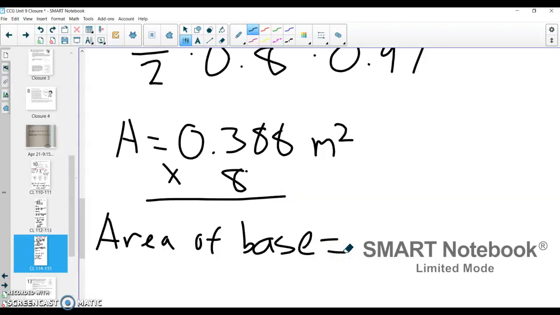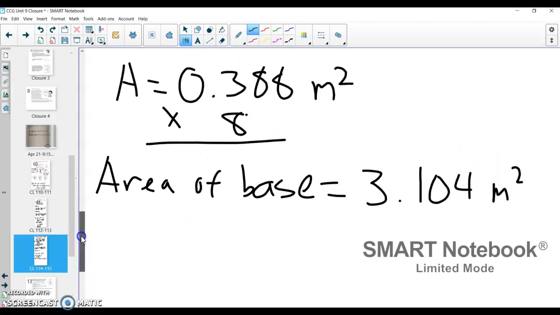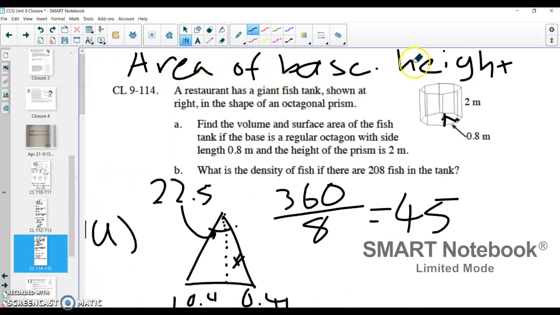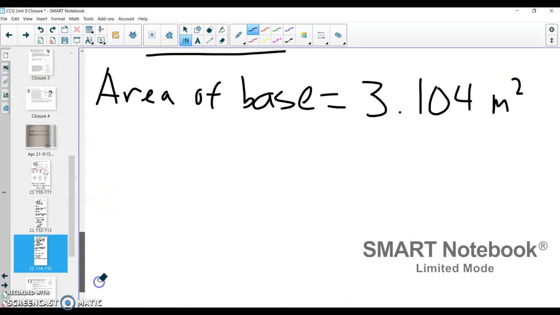So I have 0.388 multiplied by 8, that gives me 3.104 meters squared. And then the last thing I need to do, following my formula that I started with, which is area of the base multiplied by the height, I just need to multiply this area of the base times the height to get the volume of this octagonal prism.